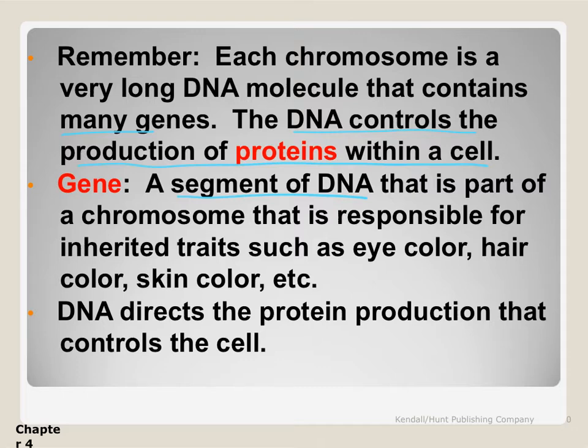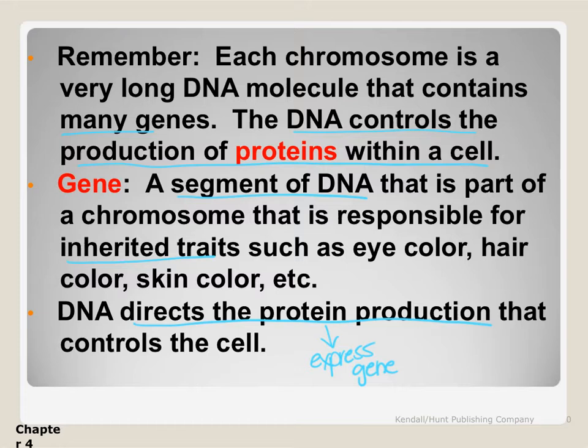Okay, each of those genes is responsible for one of your inherited traits, like your eye color, hair color, skin color, etc. So, when DNA directs the protein production in the cell, it then expresses a gene. So, when you make a protein, you express a gene.